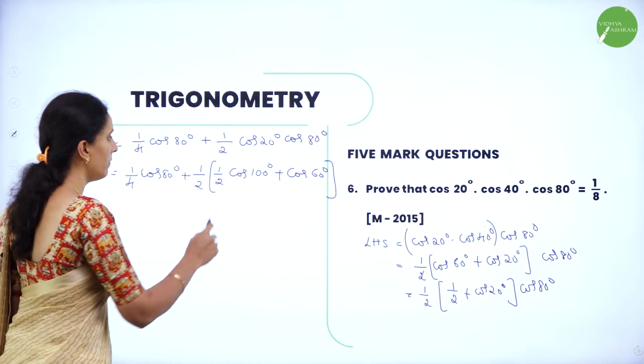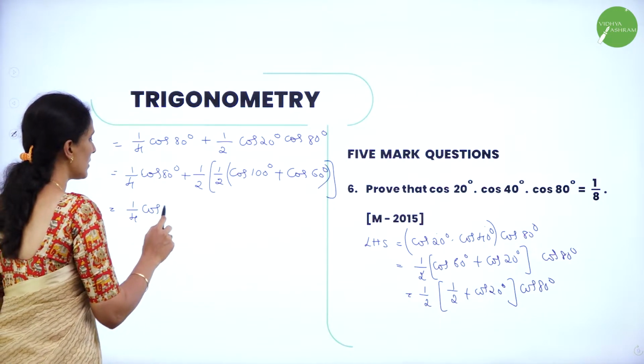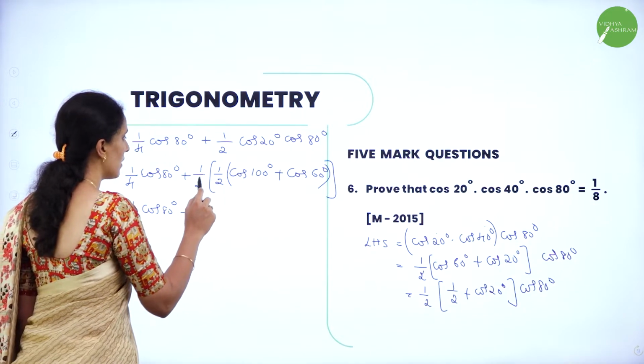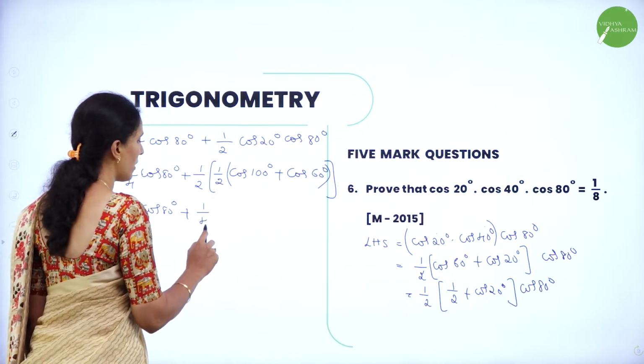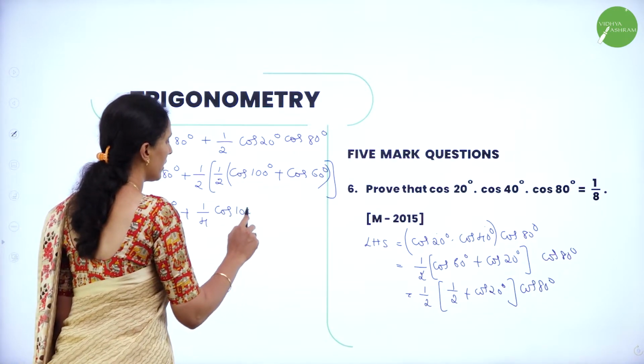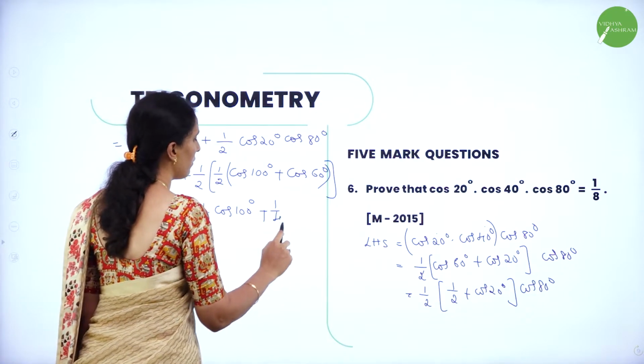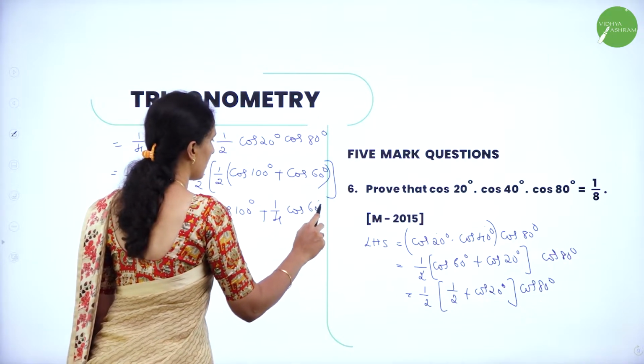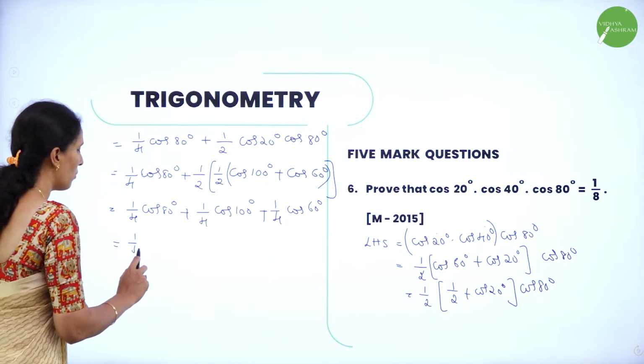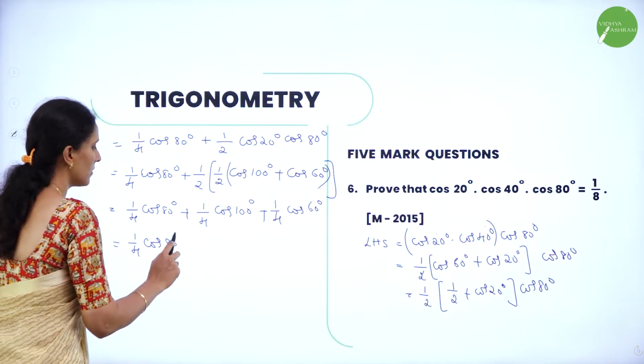So next we have 1 by 4 cos 80 degree plus 1 by 2 into 1 by 2 becomes 1 by 4 cos 100 degree, plus 1 by 2, 1 by 2, 1 by 4 cos 60 degree.